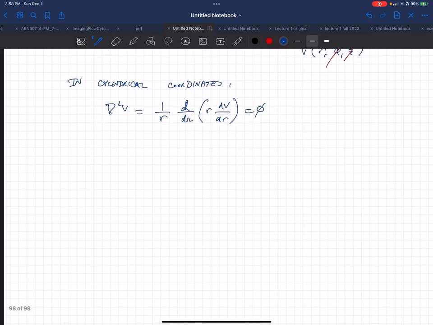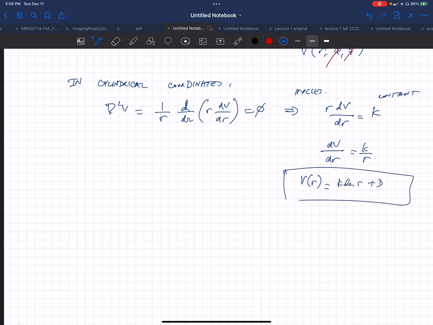So this implies that r dV/dr is a constant. Let's call it k. And so dV/dr is k over r, and V of r is k natural log of r plus d, which is a general solution.